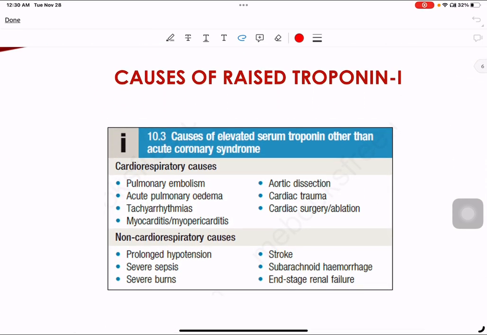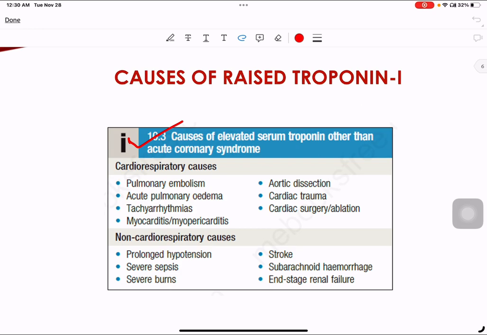There is a question: is troponin I specific for myocardial infarction or not? Troponin I may be raised due to different causes. There are some cardiorespiratory causes for raised troponin, and some non-cardiorespiratory causes. Among the cardiorespiratory causes, pulmonary embolism, acute pulmonary edema, tachyarrhythmia, myocarditis, myopericarditis, aortic dissection, cardiac trauma, and cardiac surgery are important.